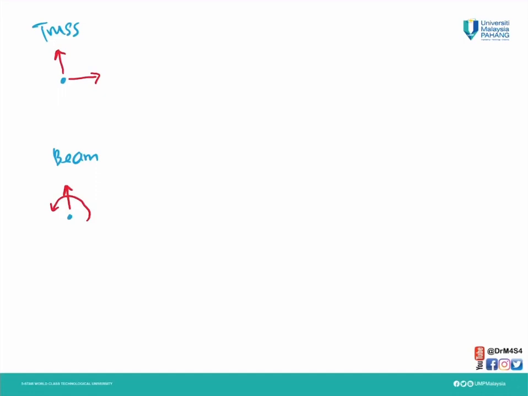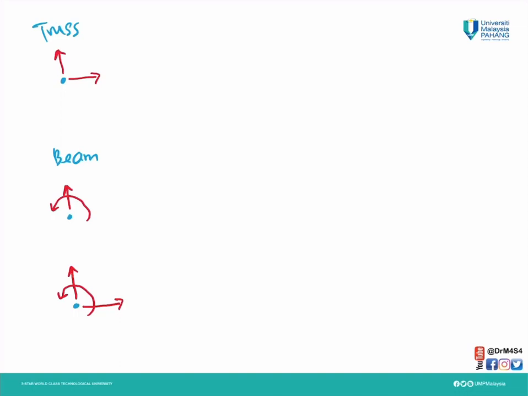That's for beam. And now for frame, at each node we need to consider horizontal displacement, vertical displacement and rotation. That means your matrix for each member is going to get bigger.